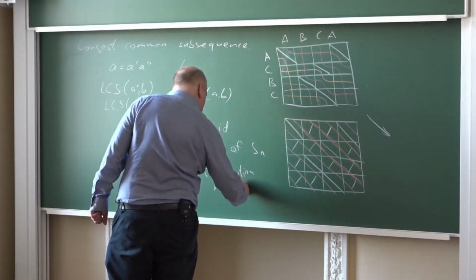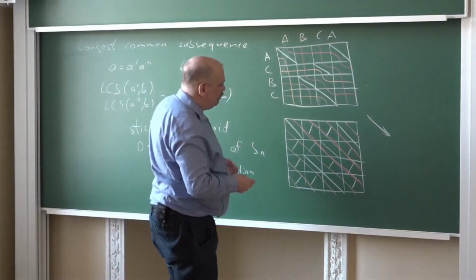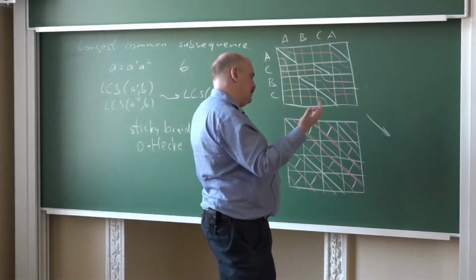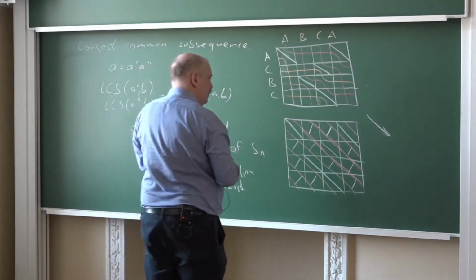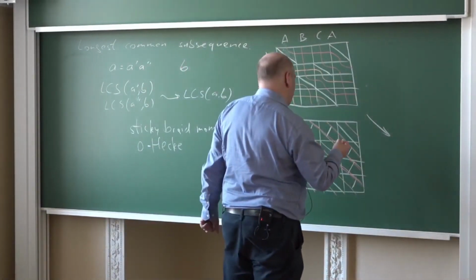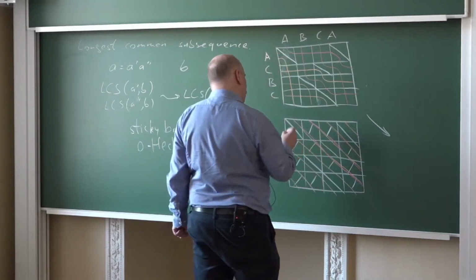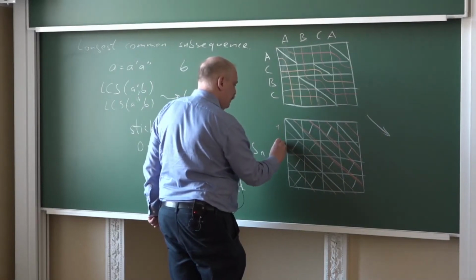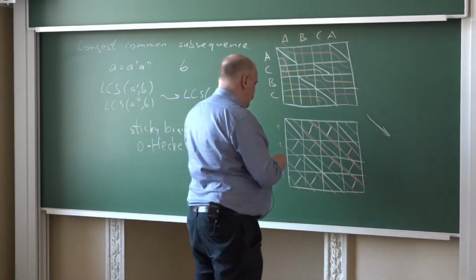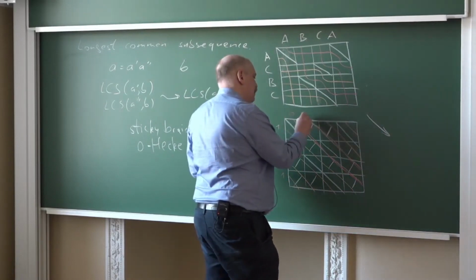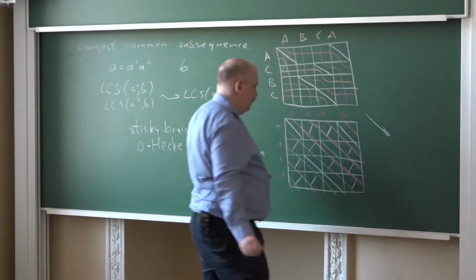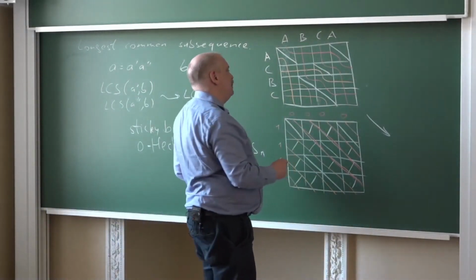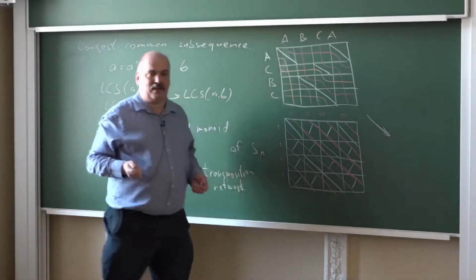Now I can give some input to this network, and I give an input which is sorted in reverse order, so in decreasing order. Let me just give it the bits 0 and 1. The orange is going to be 1, and the pink is going to be 0. If the values were all different, then the picture would be exactly like this.